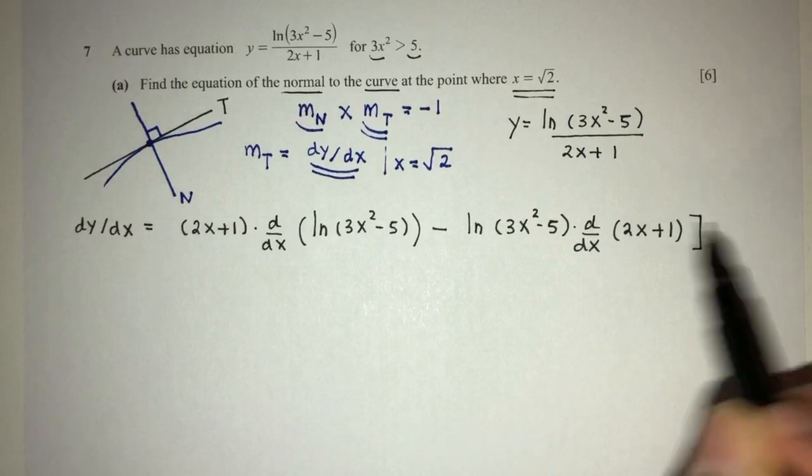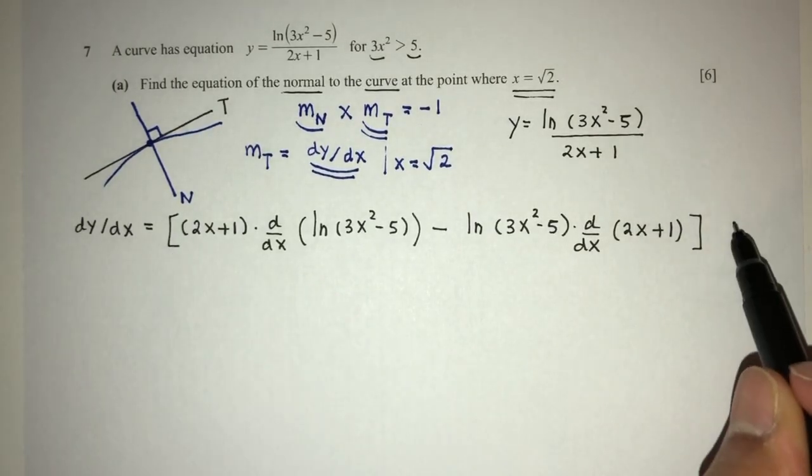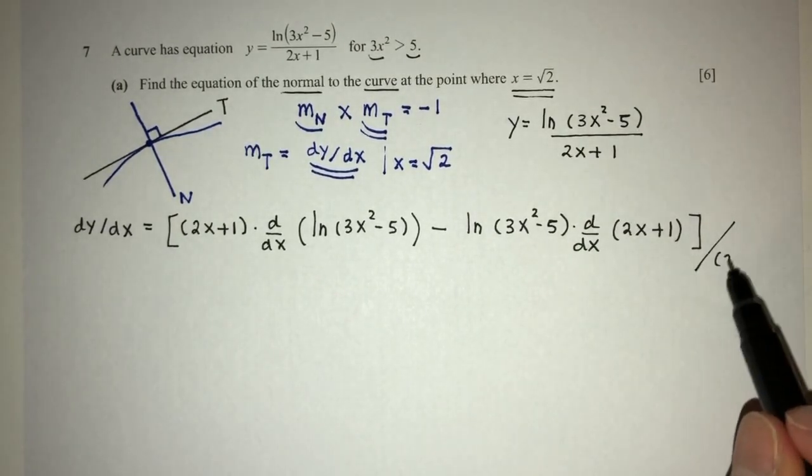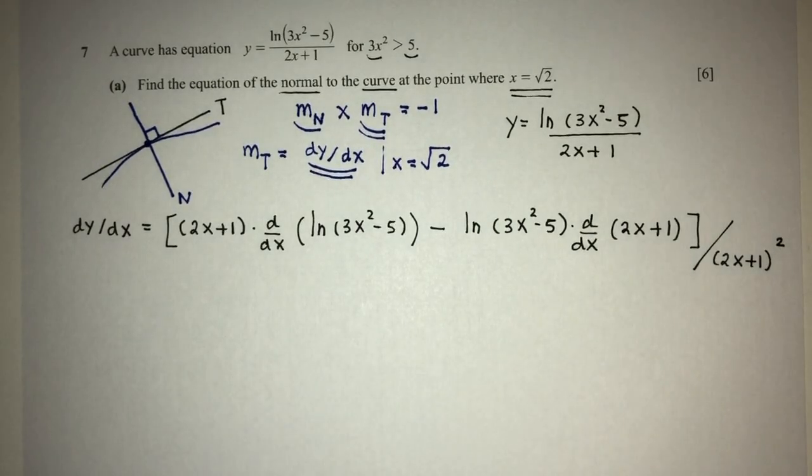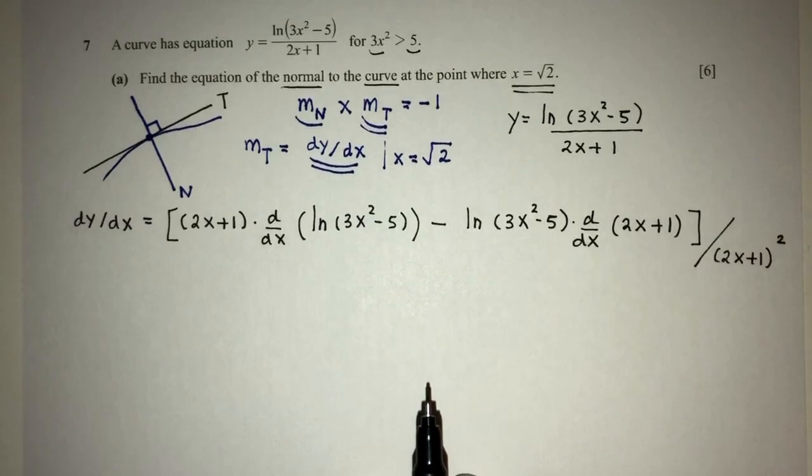And then everything in brackets divided by the denominator squared. That will be the quotient rule we have to use. This is something you guys have to actually memorize, how to use the product rule and how to use the quotient rule. It is something you have to know to solve these kinds of questions.